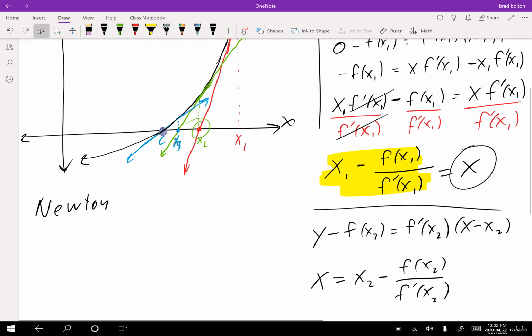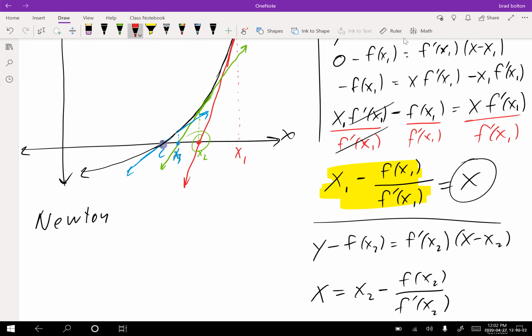And again, as you guys could see, if I draw my tangent line, I cross right here. That'll be my new x. So if I look up and I go here, when I draw my tangent line again, this will be my new x sub 3. And then I look up and I draw my line again.